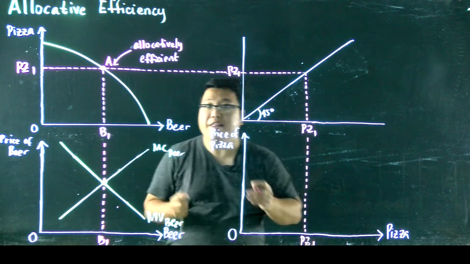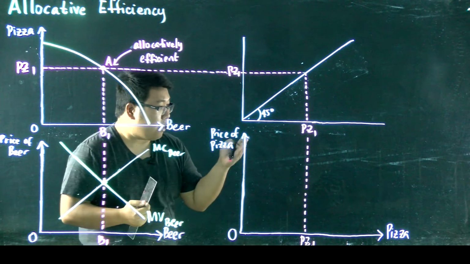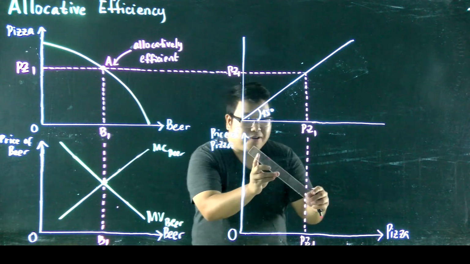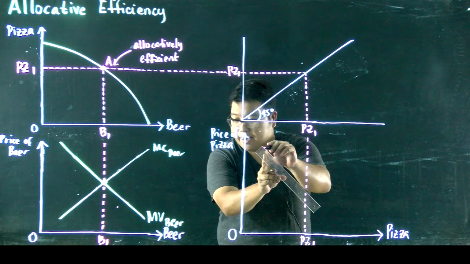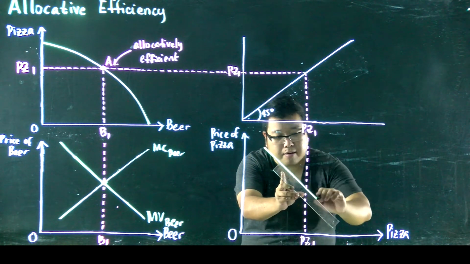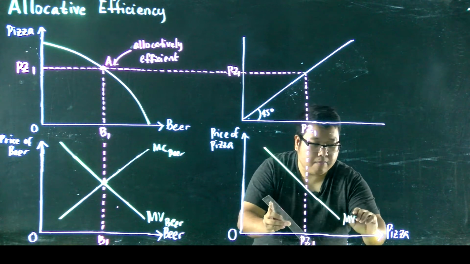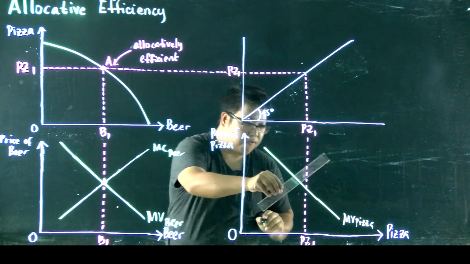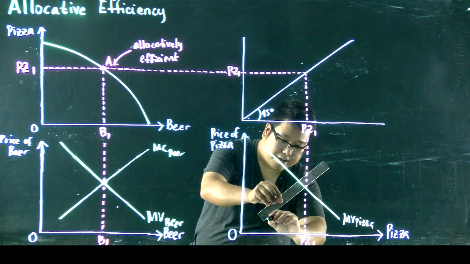And as we have indicated earlier, in order for this economy to achieve allocative efficiency, the marginal value for pizza, and I will call this MV pizza, is equal to the marginal cost for pizza, right here.